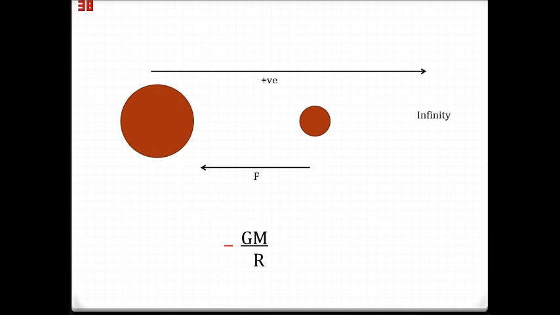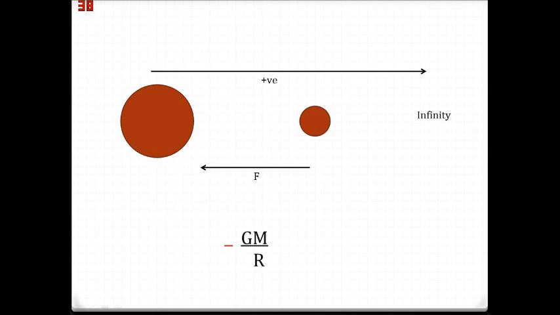Unfortunately, if we were to place the object in the field, it would be attracted to the other object. In other words, the force would be acting in a negative direction. Therefore, the object at that point in the field must have a negative potential, because it intends to go in the same way as the force. So, the calculation for potential must therefore be negative GM over r.